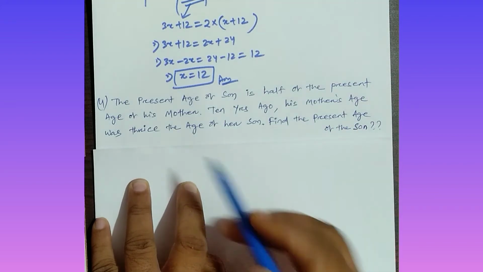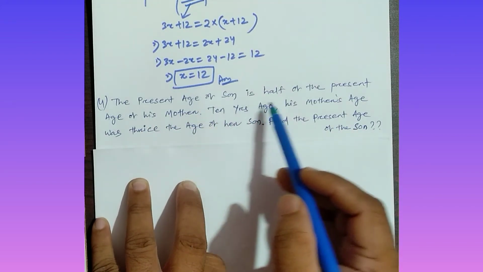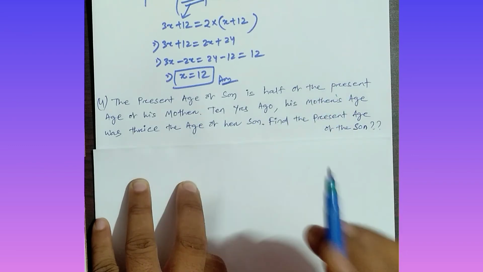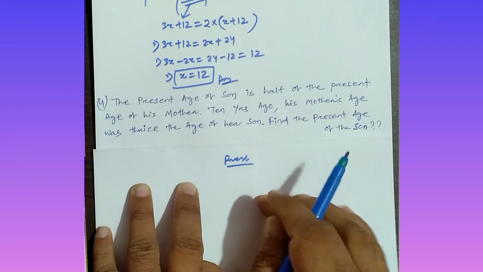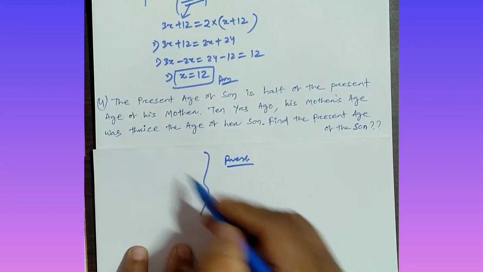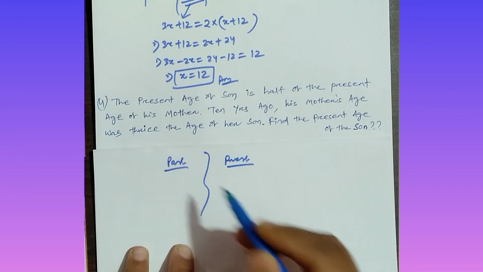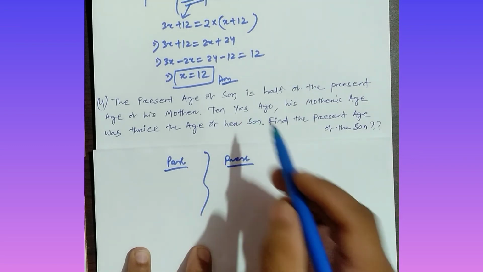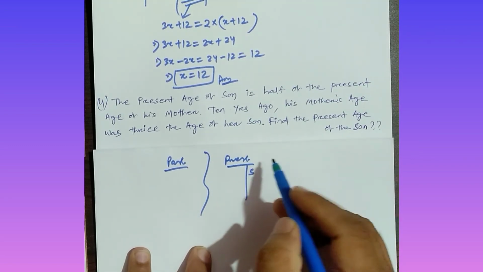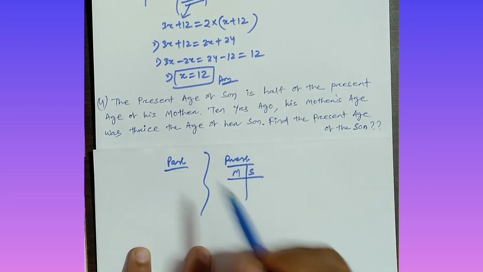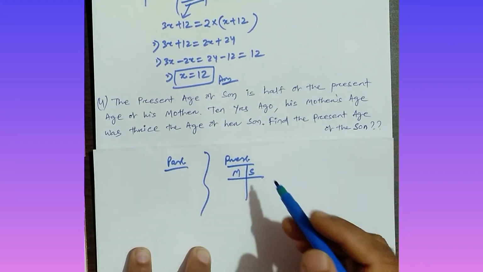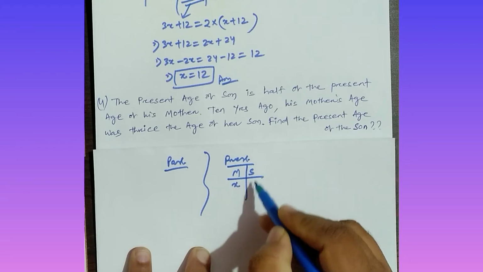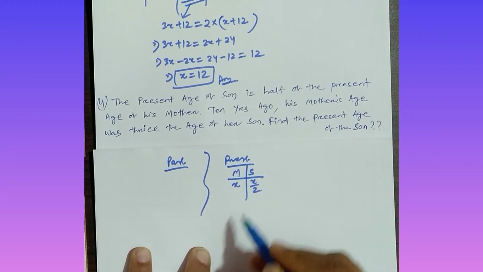The present age of the son is half of the present age of his mother. Here I am telling you is the present, and here is the past. Here the present age of son and mother. Let the mother's age be x, so obviously the son's age is x by 2.